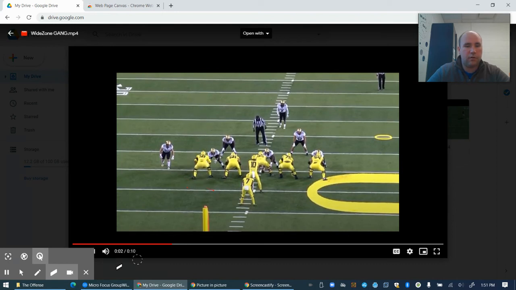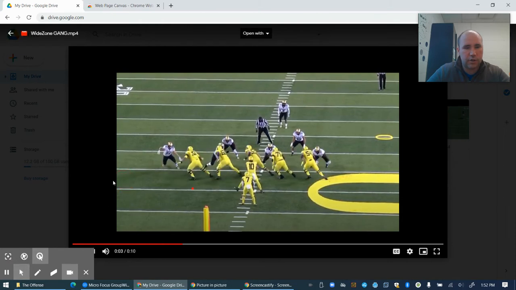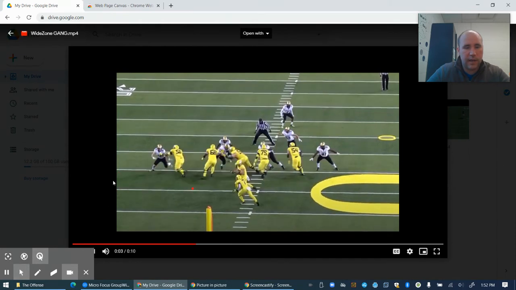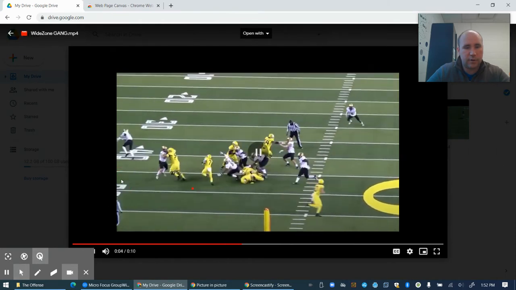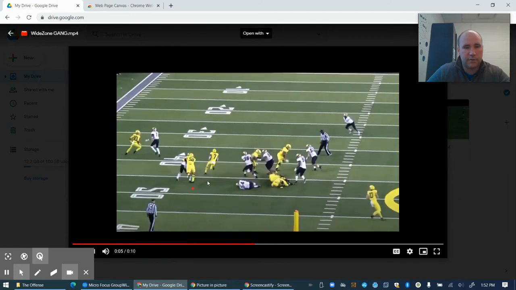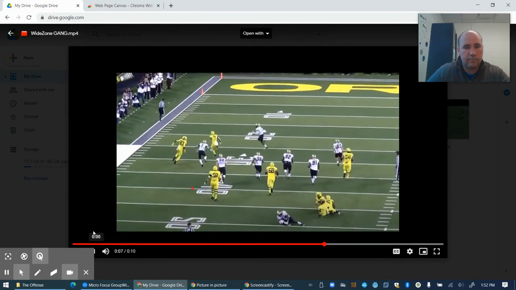All right, so let's just do an example on this. This running back is going to move off his original path, right? This is going to be a big gain. Okay, so let's play this, and let's draw a picture of the path. So that's where his path is, right?